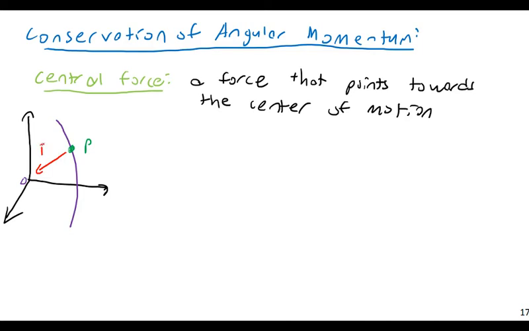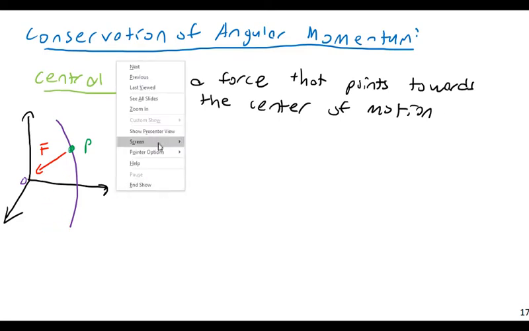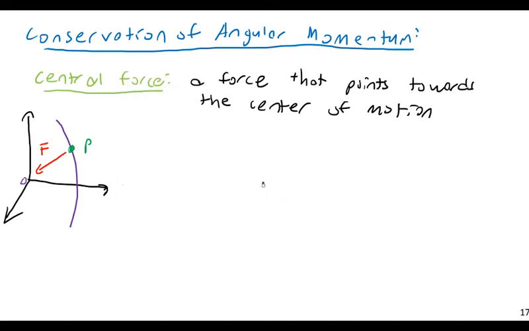This is a central force, or as you could maybe also call it a centric force. So in this example, there is a force pointing from point F to the center of motion, and because of this, it cannot produce any moment on the object.